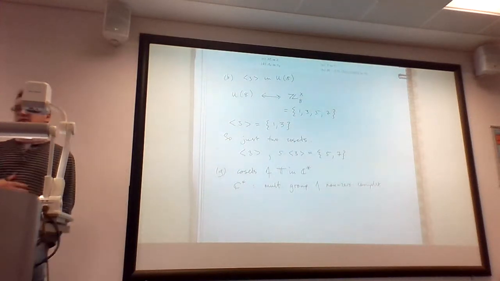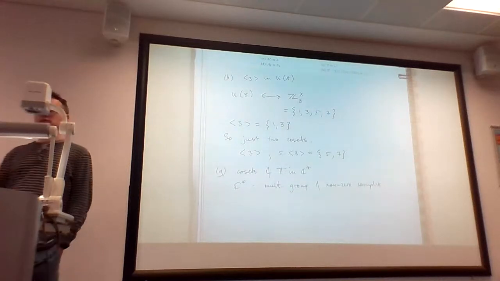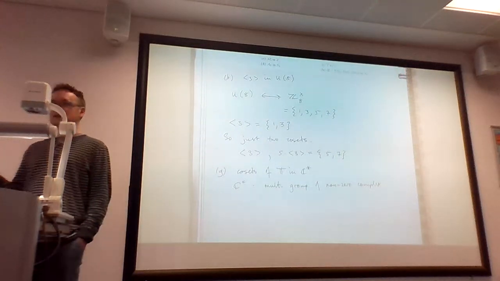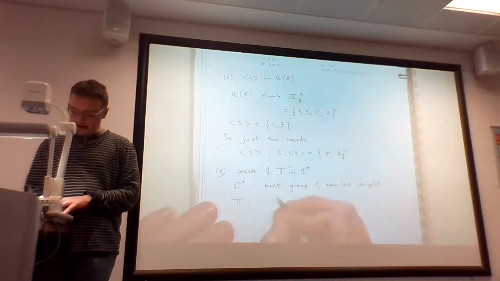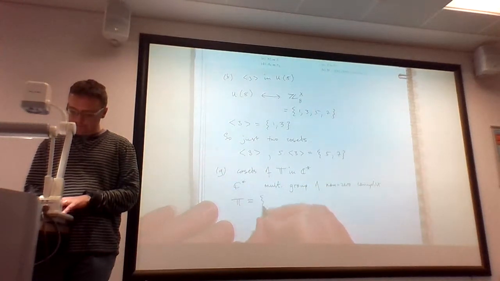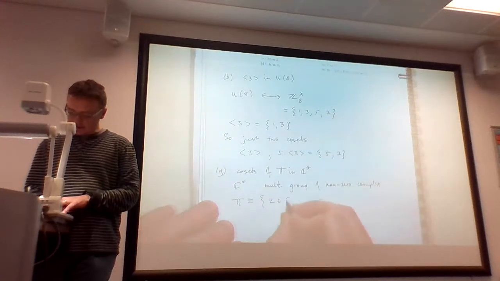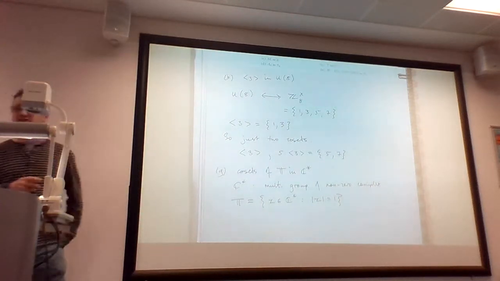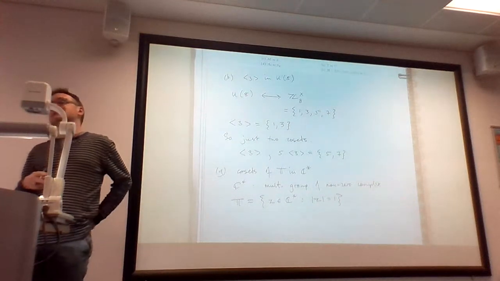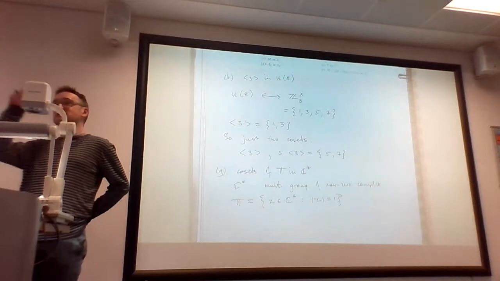Okay. So, multiplicative group of complex numbers, identity 1, etc. T is the subgroup consisting of the set of every z from C star such that the modulus of z equals 1. The unit circle in the complex plane, every point on the unit circle.